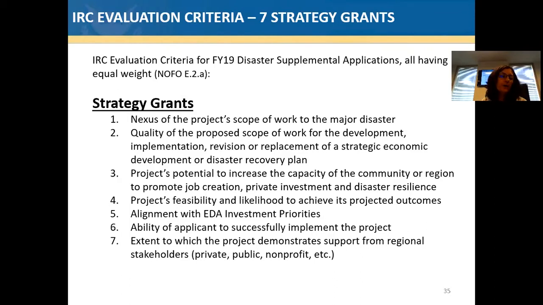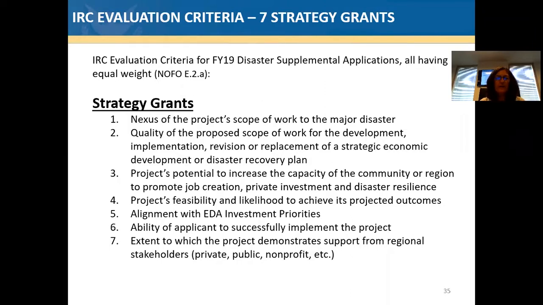And this is our criteria for our planning grants, our strategy or planning grants. They have 7 special criteria, several of which we talked about before, the nexus with the major disaster.